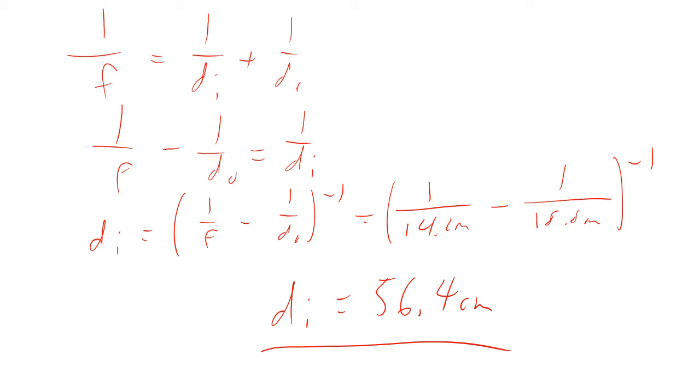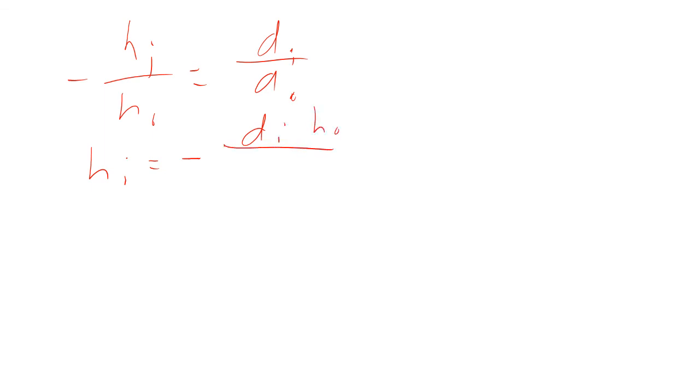Okay, so this is 56.4 centimeters. Now, I asked for where; that's going to be the where. I also asked for the size. Well, we know that negative HI over HO equals DI over DO. So that means that HI equals minus DI times HO over DO.